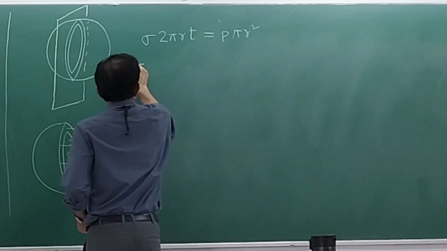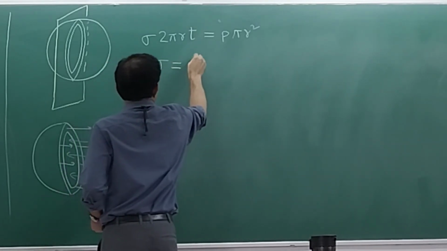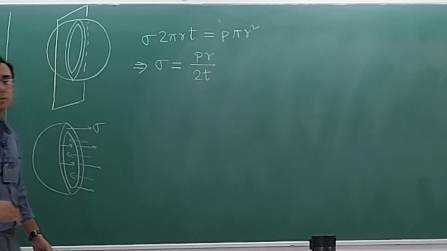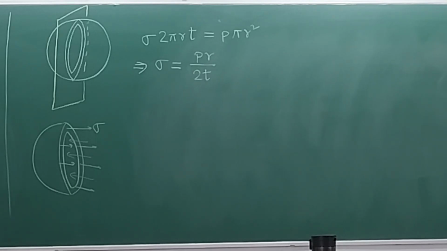So sigma is equal to PR by twice T. Now, this is not the challenging question, I'm just saying it for completeness. Does it really matter how I take the cutting plane? Whatever way I take, you are going to get the same derivation. So in the case of a spherical vessel, sigma is always equal to PR by twice T.